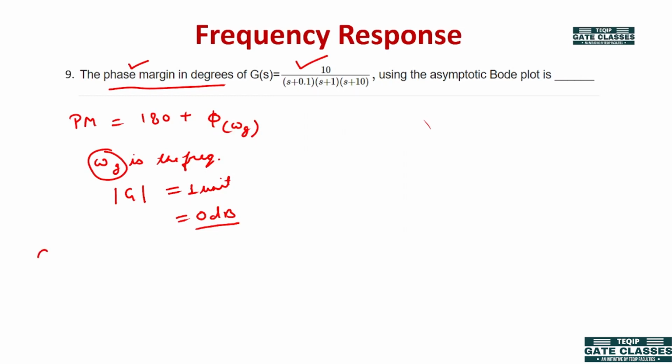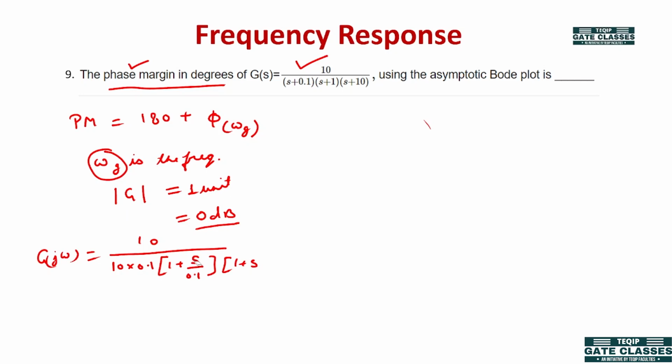So we have G(j omega) equal to 10 upon s plus 0.1, s plus 1, s plus 10.